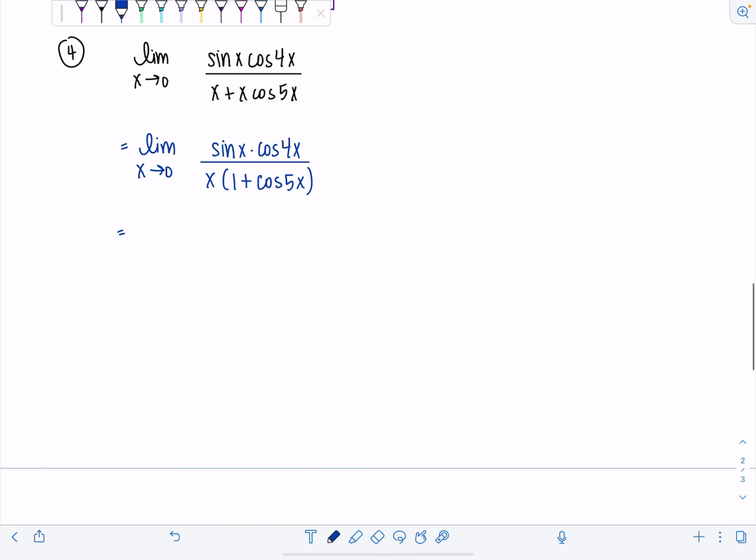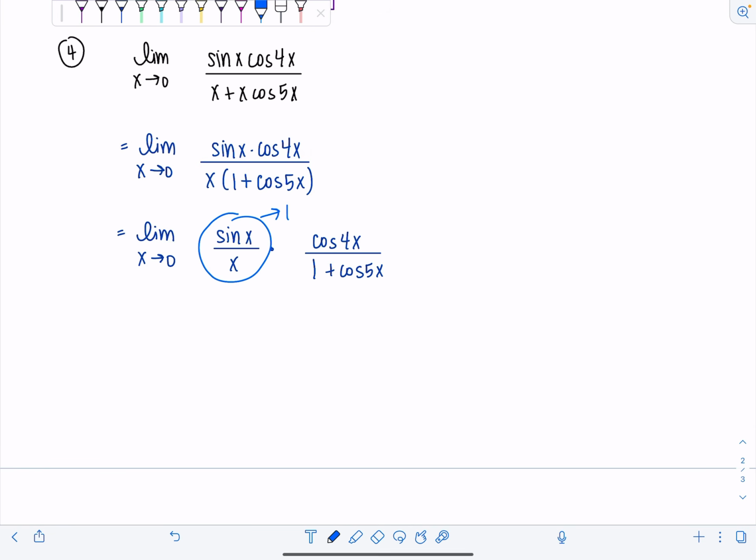So we want to write this as the limit as x approaches 0. I'm going to write sine x over x times cosine of 4x over 1 plus cosine of 5x. Okay, so all I did was just regroup all the terms that are being multiplied. And then now we're ready to roll. So sine of x over x, that's going to approach 1.